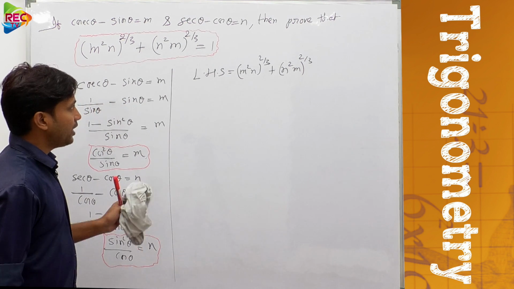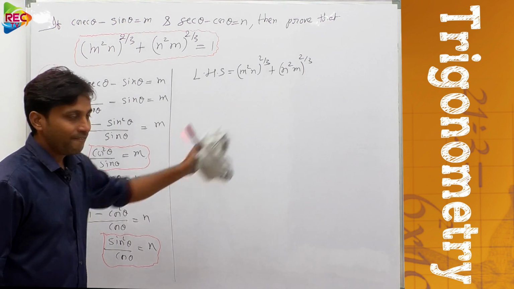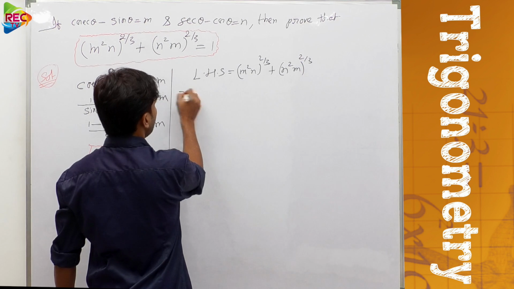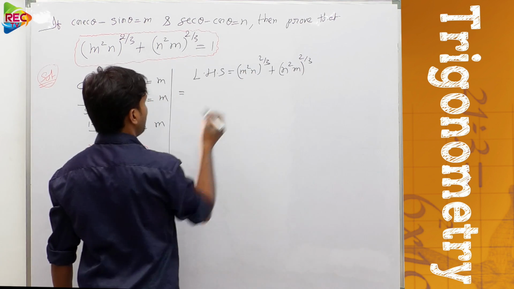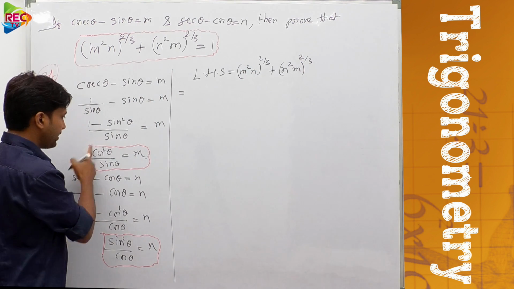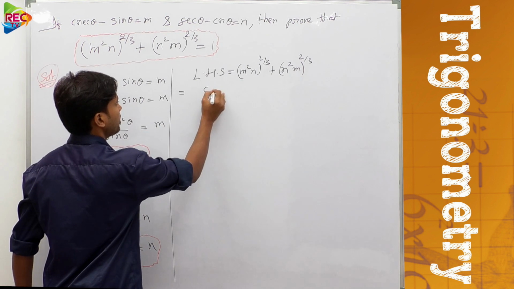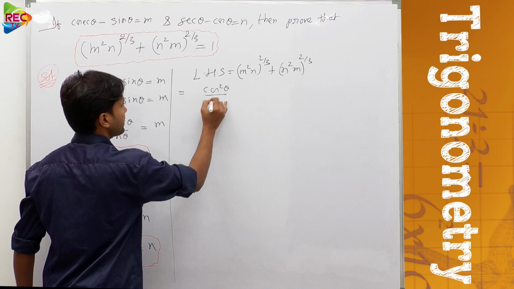Now put down the values of m and n which we obtained before. See here, m square n. What is m square here? This is the m value. M value would be cos square theta by sin theta.